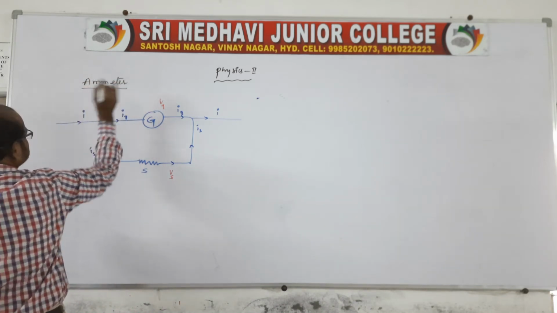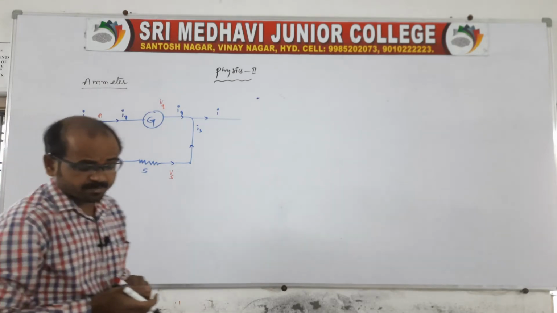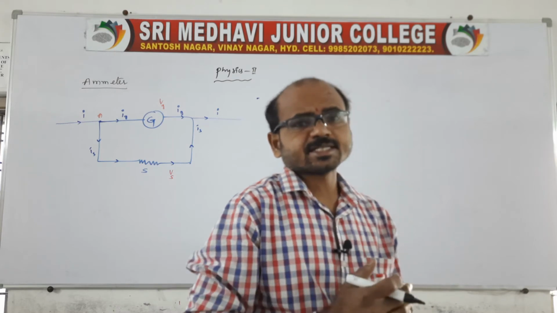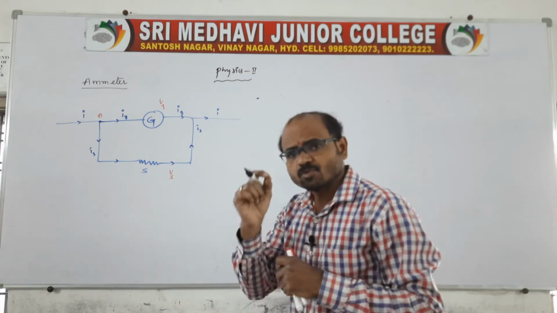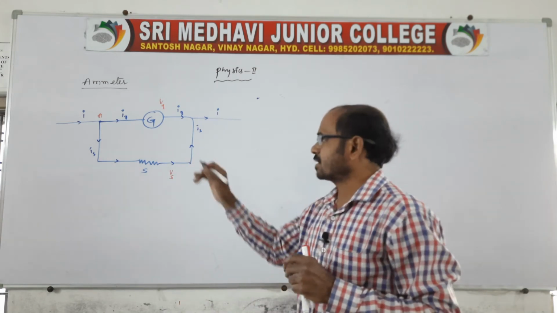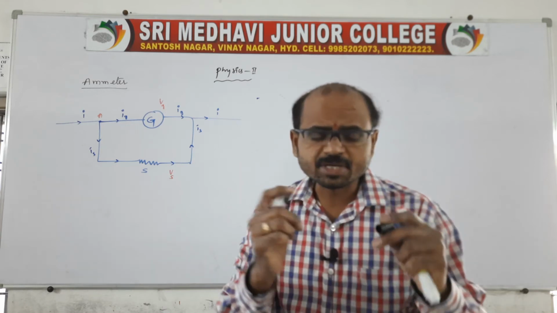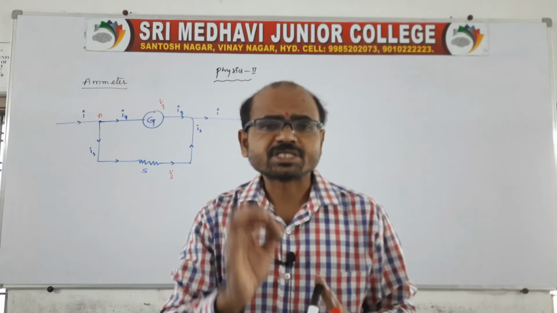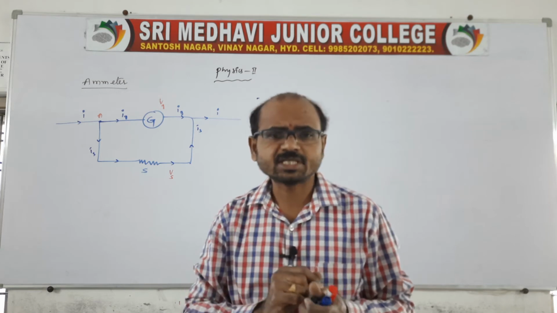What is an ammeter? If a small, suitable resistance is connected to the galvanometer in parallel, we call it an ammeter. An ammeter is a device used to measure current.